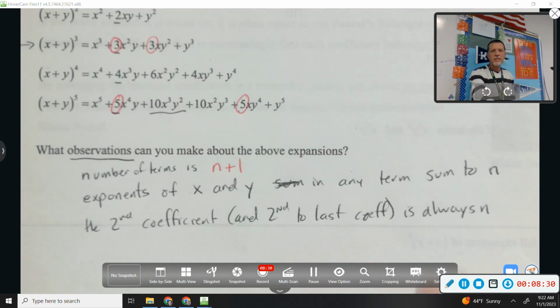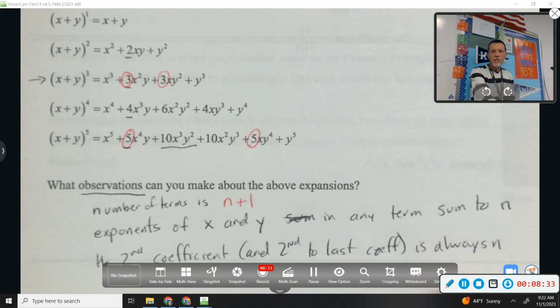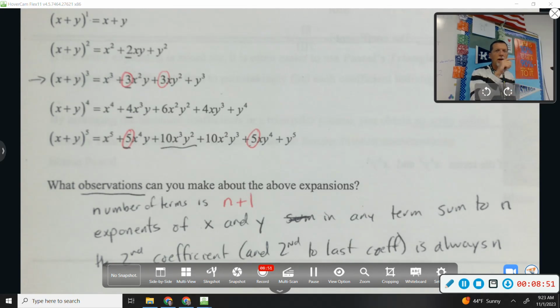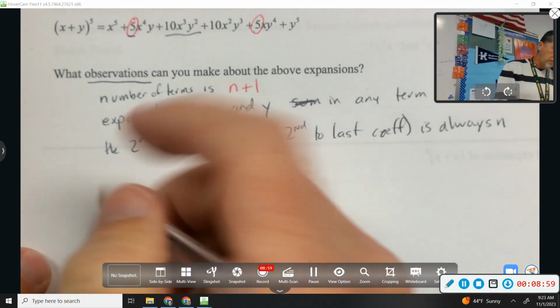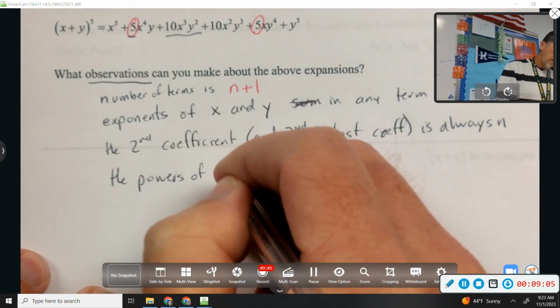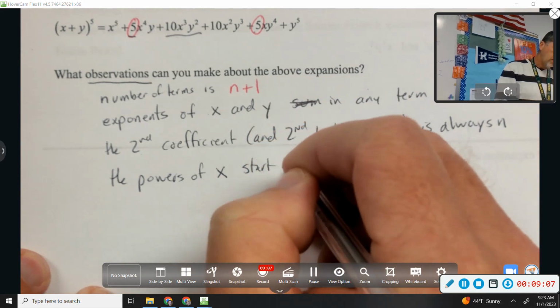Something else. There's 2 more things I want to say, even though there's probably more there to be seen. What about the powers of x as you move through the terms? The powers of x just go down, and the powers of y go up. The powers of x start at n, right?